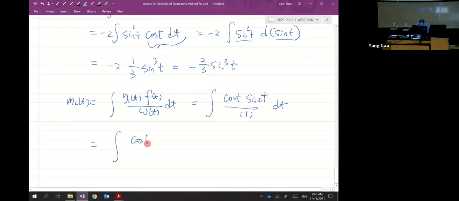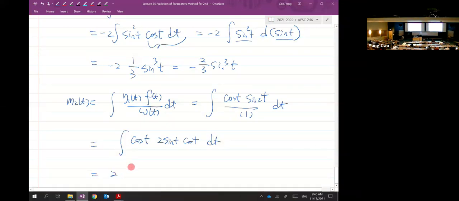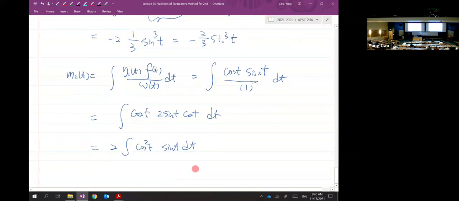Apply the same formula, 2 sine t cosine t dt. Take the 2 outside, and you get 2 cosine t squared sine t dt. Try it yourself. How would you do from here? Give it a try, same approach, substitution, just a slightly different substitution.